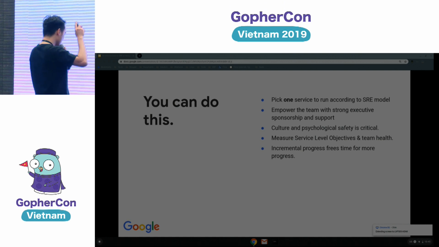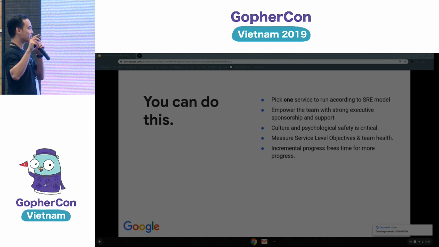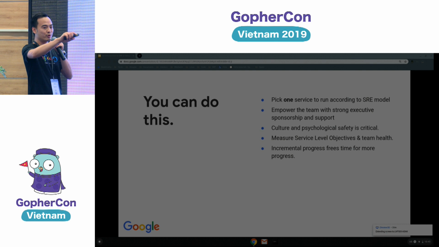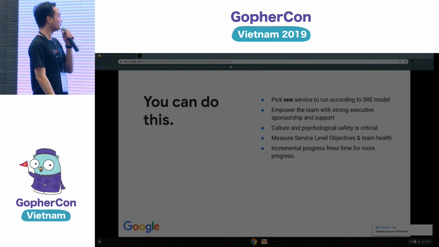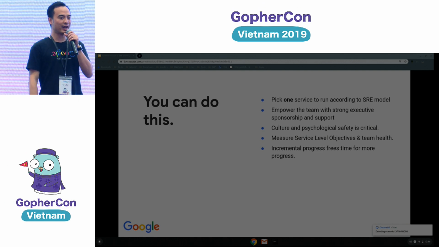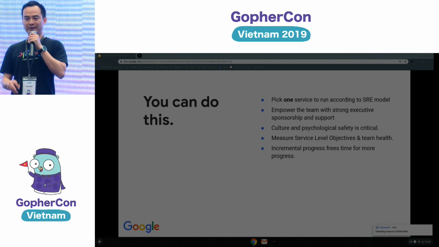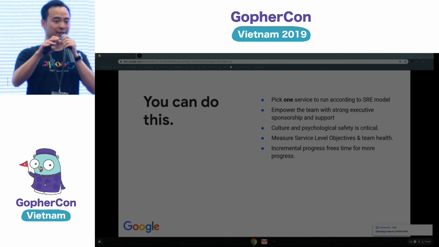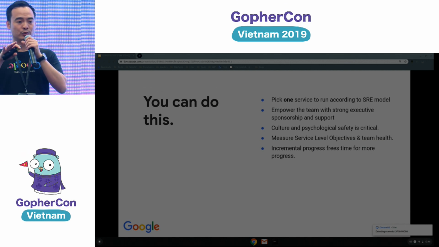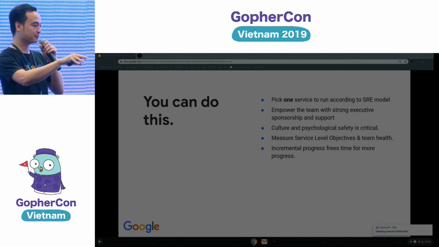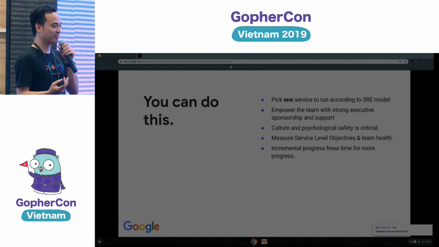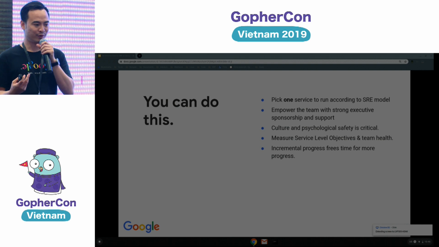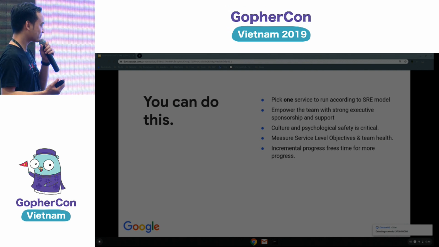And to start with, you can do this. Let's pick a service in your company, in the organization, to run against the SRE model. You need to pick a high-level manager to give the SRE team, or the operational team, some power. And also, the culture and the safety are very critical, right?